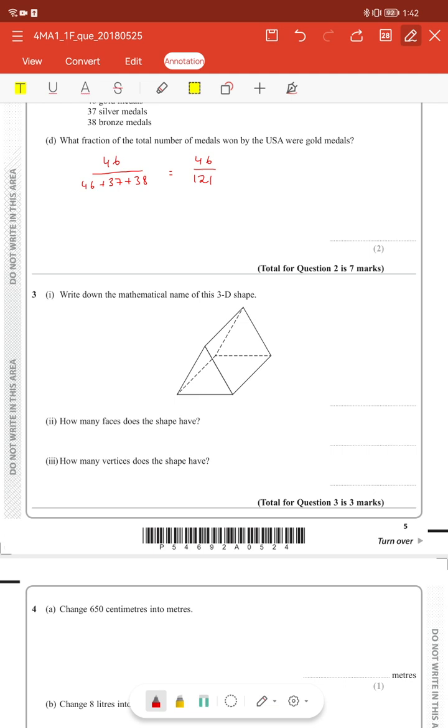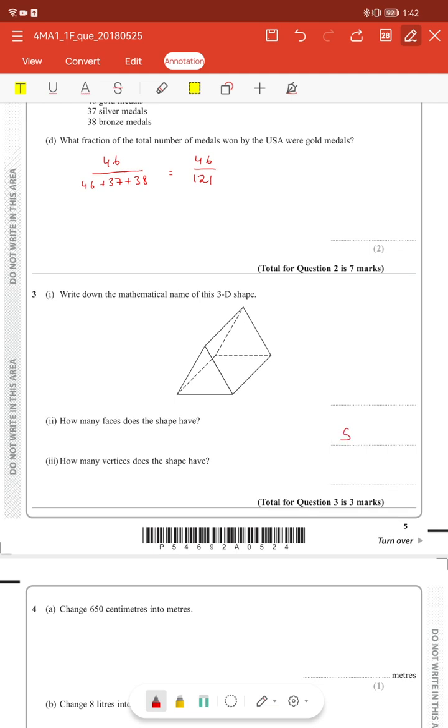The mathematical name for this 3D shape. So this would be a prism or a triangular or a rectangular based pyramid. And how many faces does the shape have? So it has 1, 2, 3, 4, 5 faces.